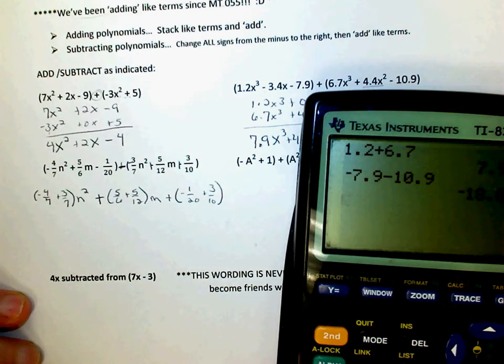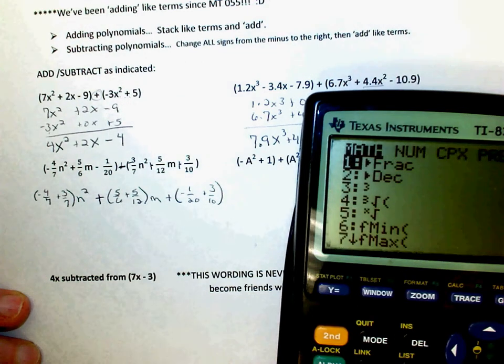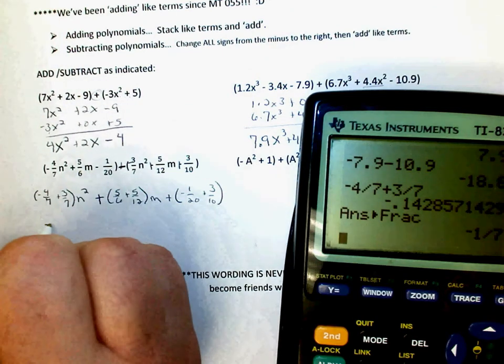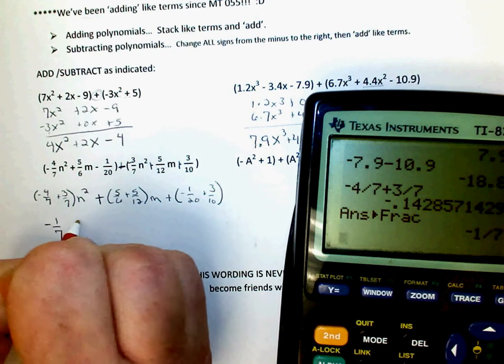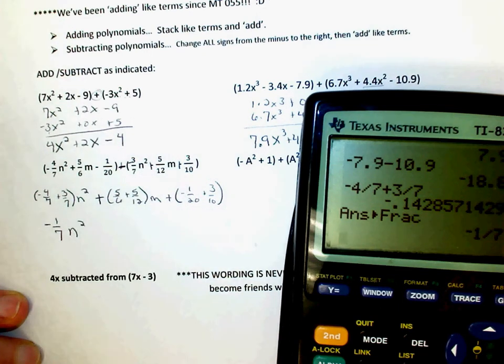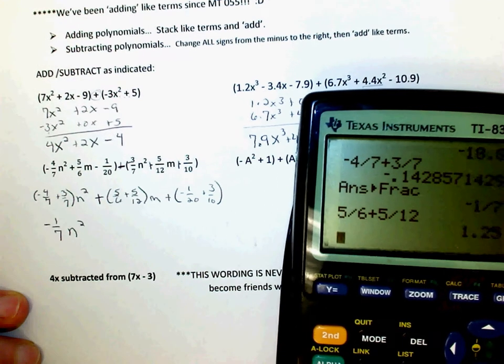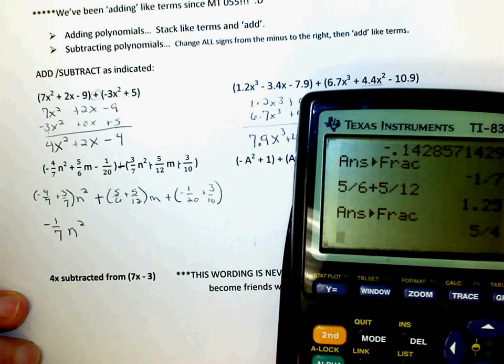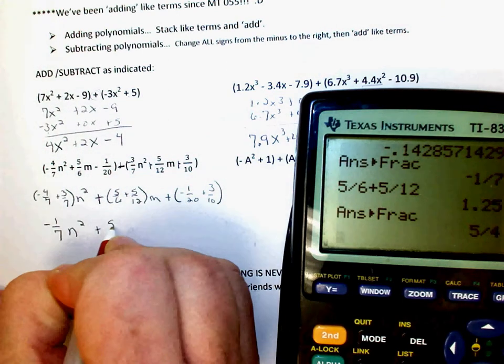Negative 4 divided by 7 plus 3 divided by 7 gives negative point yuck. So math, I'm showing you how to cheat now. Enter gives us negative 1/7 n squared, and then 5 divided by 6 plus 5 divided by 12, enter, 1.25, but they're going to want the fraction, so math, enter, enter, is plus 5 over 4m.